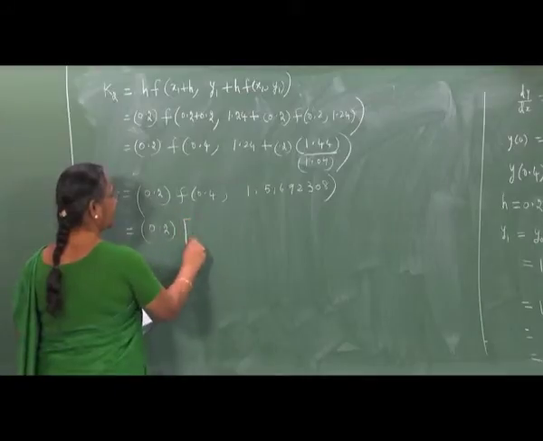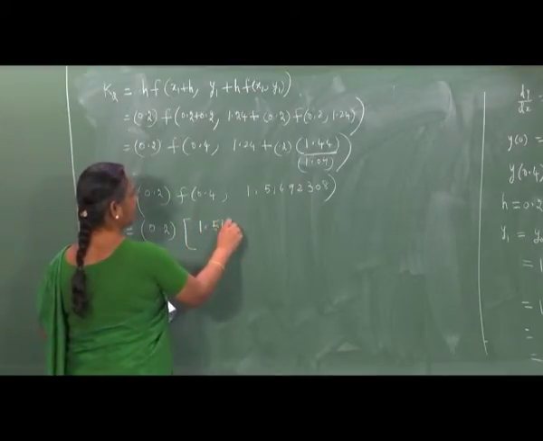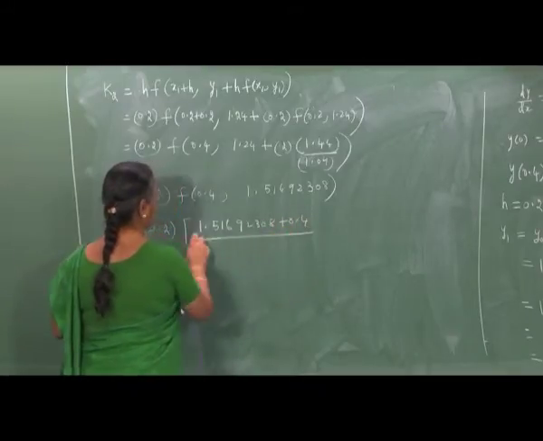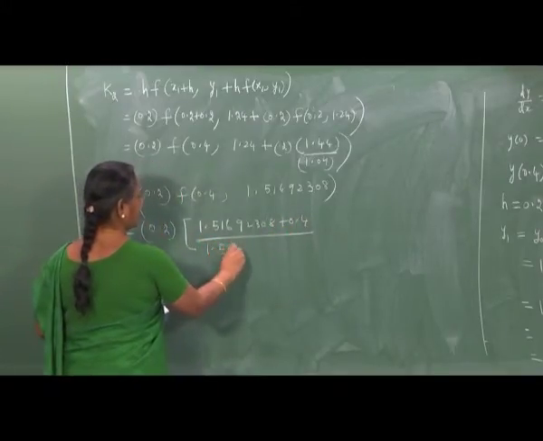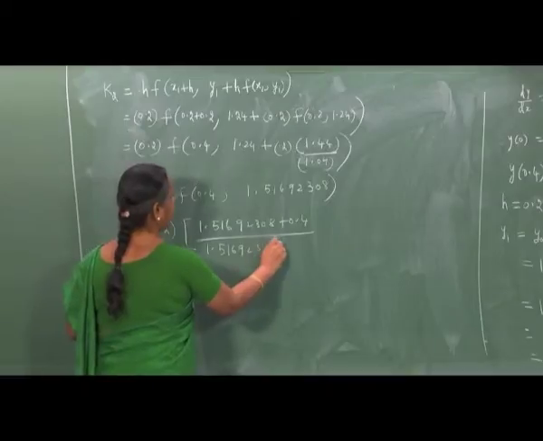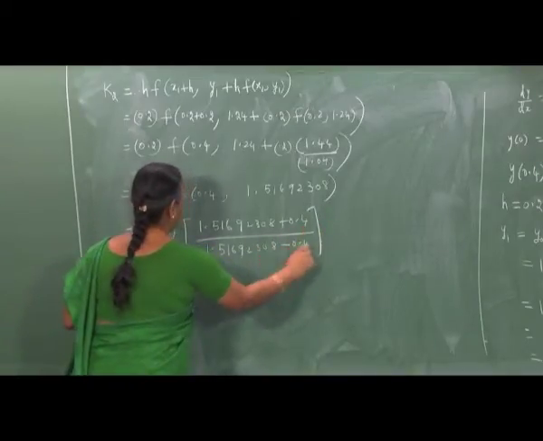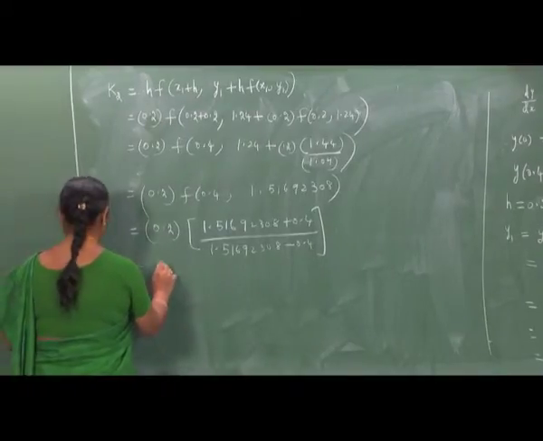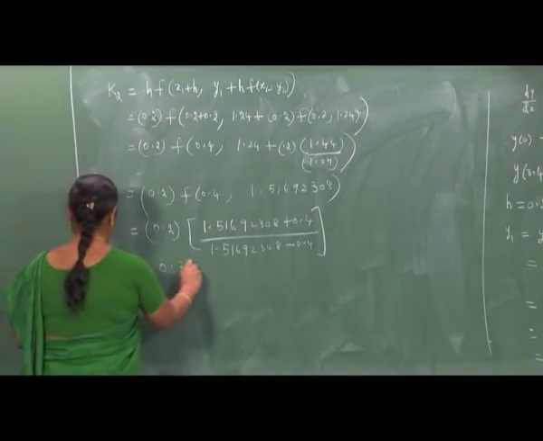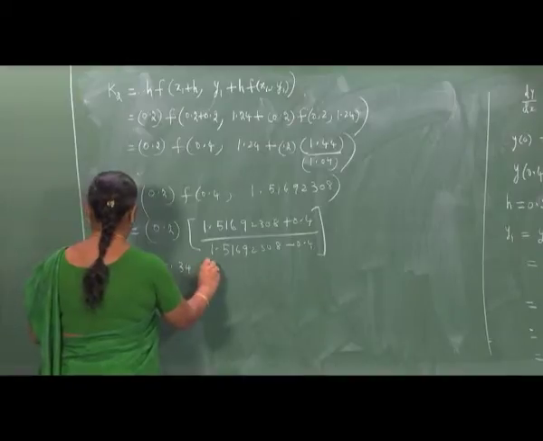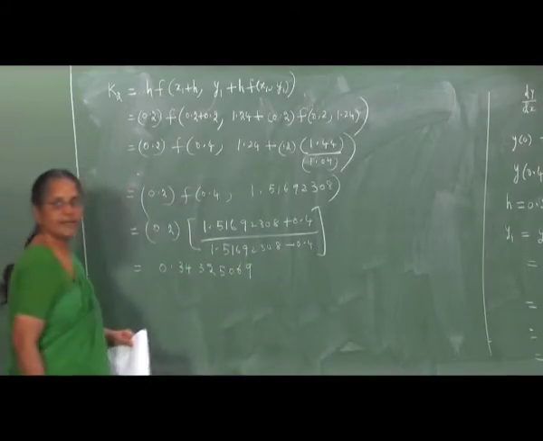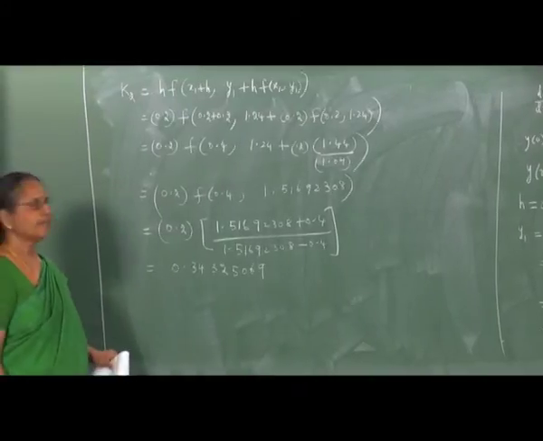It is again y plus x by y minus x. If you simplify your computations, you finally get this to be 0.34325069, and that is K2.